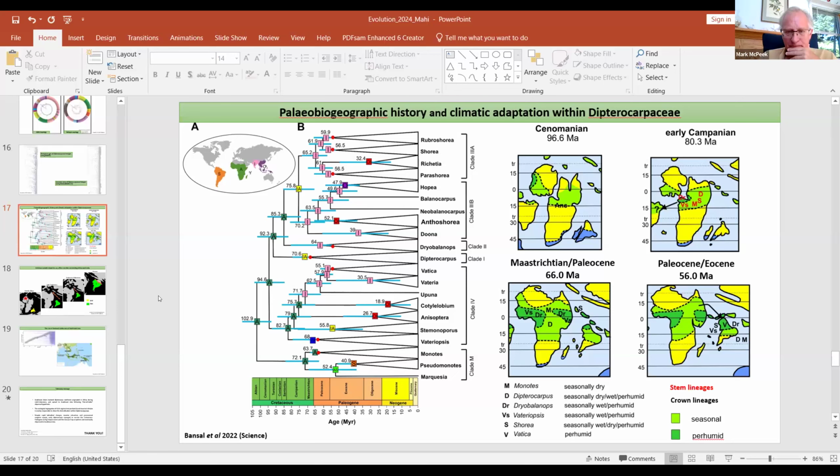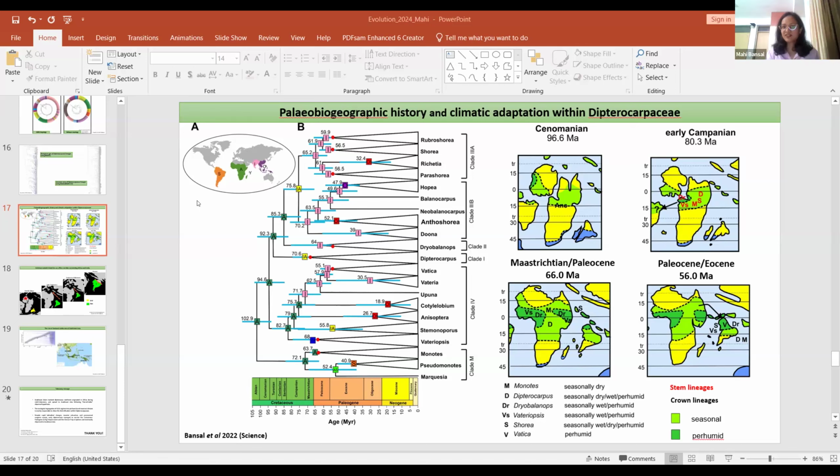Other questions? Oh, there's one in the chat that says, just wanted to get your thoughts, that currently we do not have many Dipterocarpaceae in the WG as compared to SL and SEA.